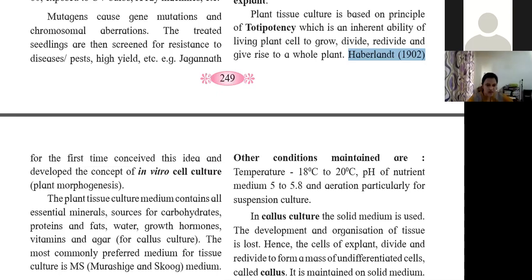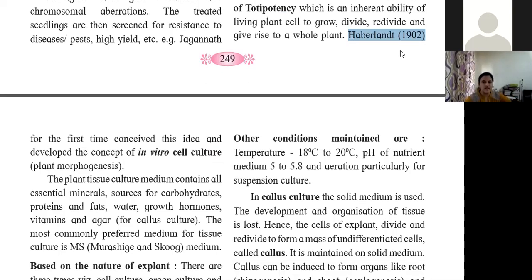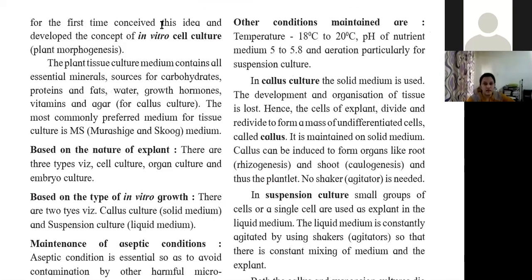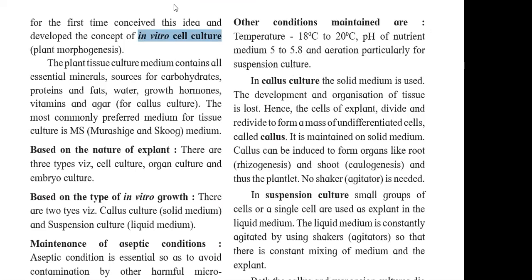He is known as the father of tissue culture because he for the first time in the year 1902 developed this idea of in vitro cell culture. What does in vitro mean? In vitro means in laboratory, right? So he for the first time developed the technique of plant tissue culture, hence he is known as the father of plant tissue culture.